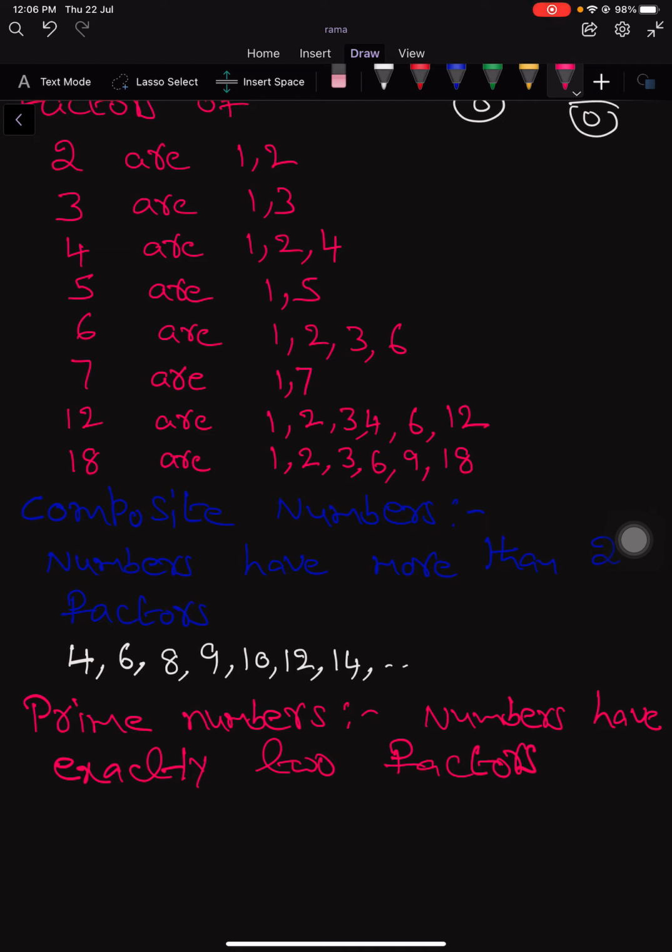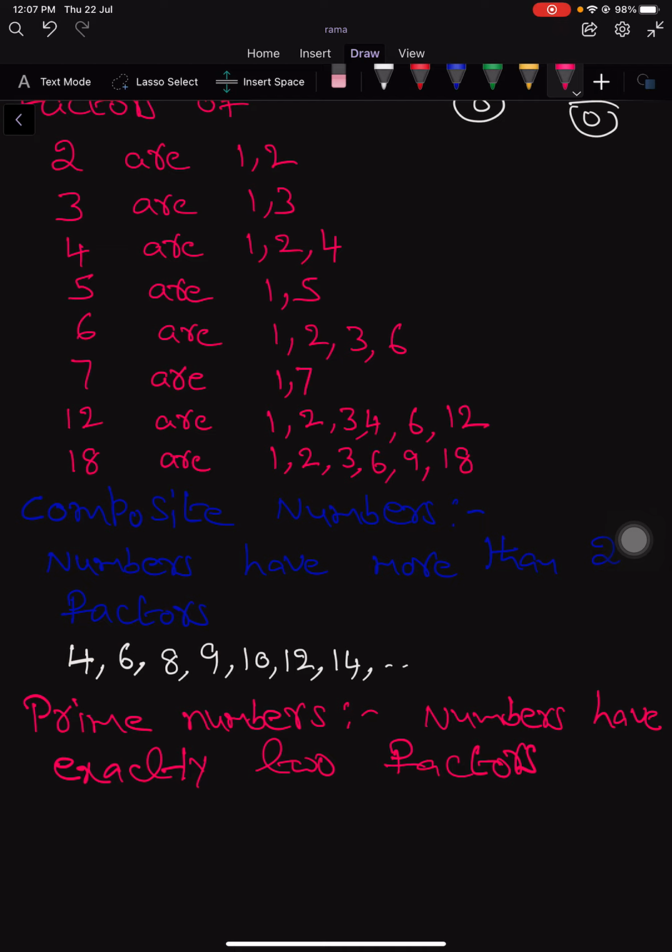So, every number has at least two factors. But a few numbers have more than two factors. Just now we have learned that a number having more than two factors is called a composite number. So, now we learn about the prime numbers. Numbers have exactly two factors.